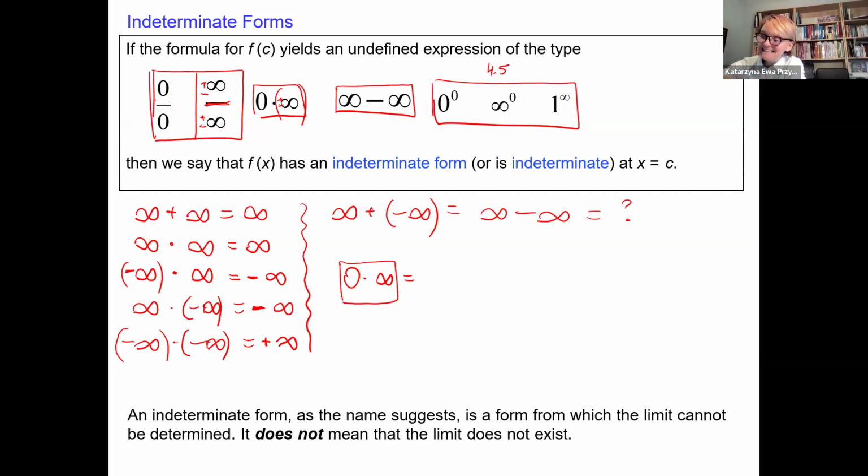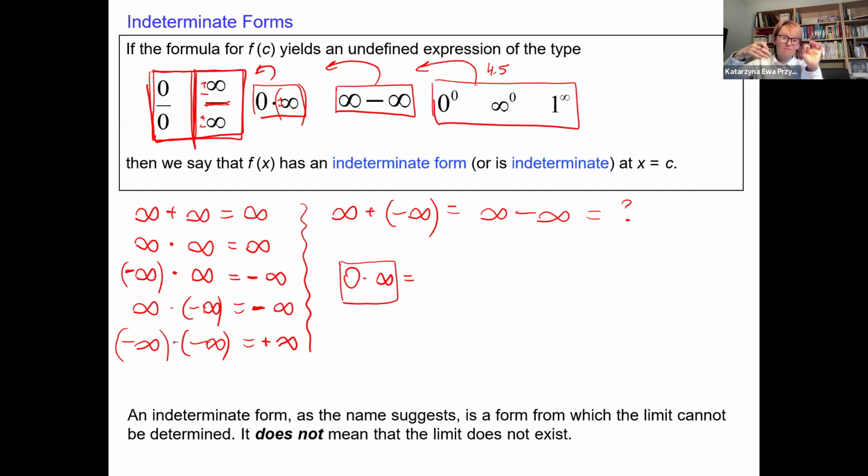That's the reason that I said that these two are super important, because they are relatively easy. All of the forms, even this one, even this one, even those, we will try to rewrite in terms of the quotient. And let's actually look at how easy it is to change a product into a quotient.